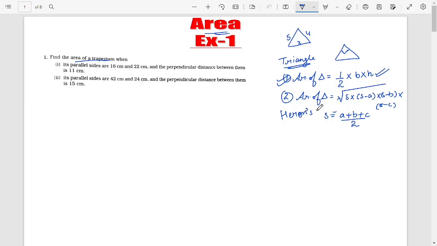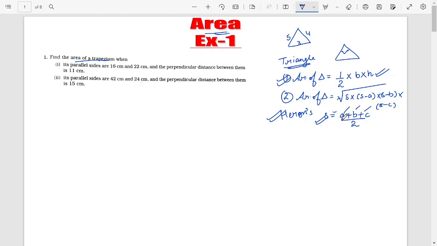In order to find the area of a triangle in which all three sides are given, we will use this formula. Here a, b and c denote the three sides of the triangle. First of all we have to find the semi-perimeter s, which is a plus b plus c divided by 2.